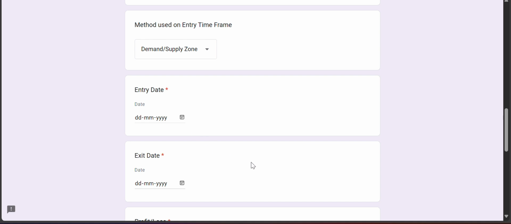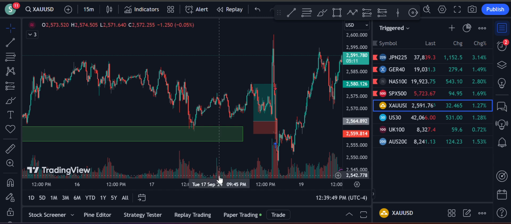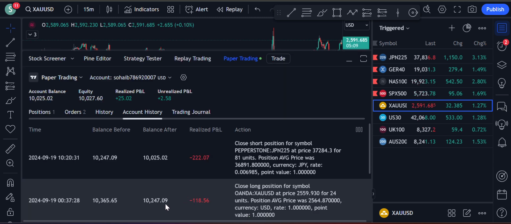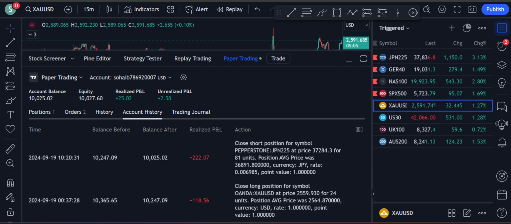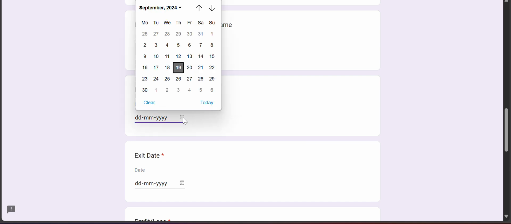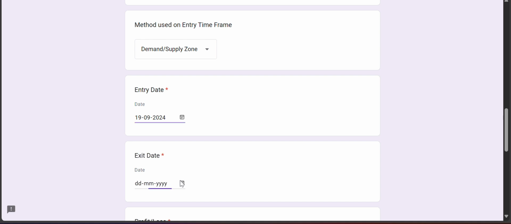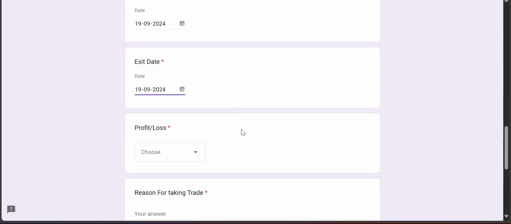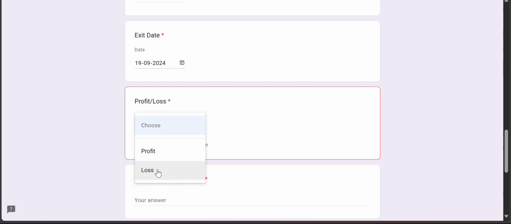When I took this trade, let's see, 19th September, so today only. Exited on the same day. We ended up in loss.